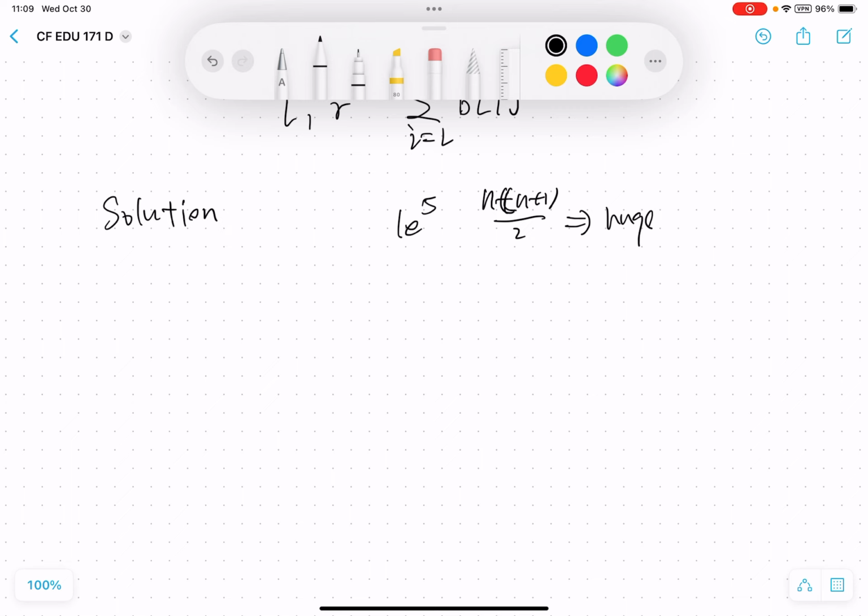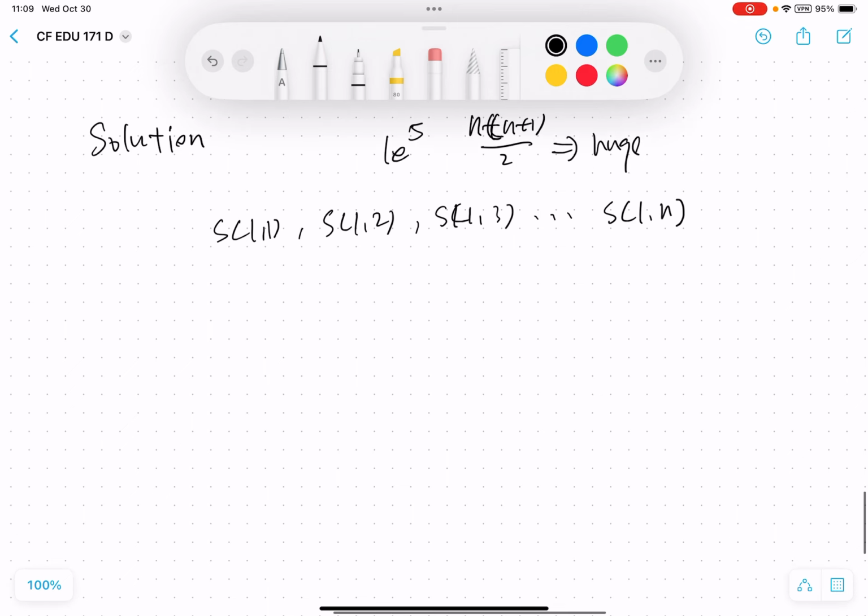For the elements in array B, we can write them in this form. First elements S(1,1), S(1,2), S(1,3), till S(1,n).